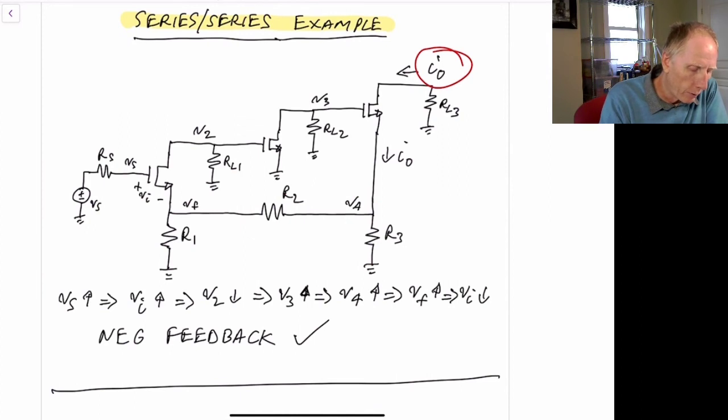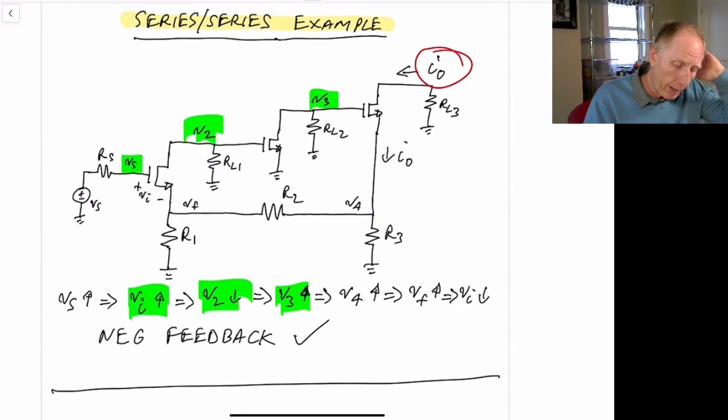And we have, looking for negative feedback, that if V sub S increases, V sub I will also increase, which will make V sub 2 here go down because it's inverting, which will also go over here. V sub 3 will also go up now because it's also inverting from V2 to V3.